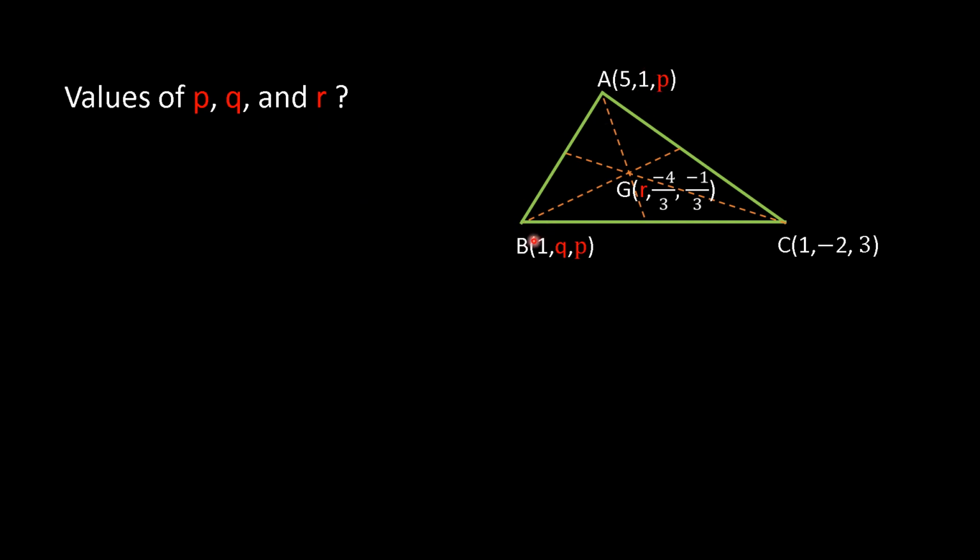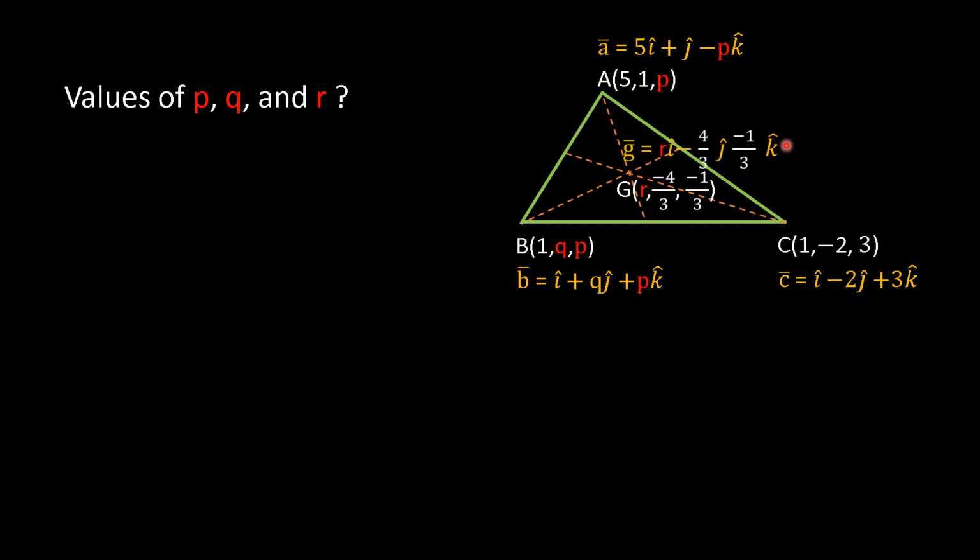From the coordinates of the vertices and that of the centroid, we will first write their position vectors. So position vector of point A will be this from these coordinates, of B will be this from these coordinates, and of C will be this from these coordinates, and of G will be this from these coordinates.